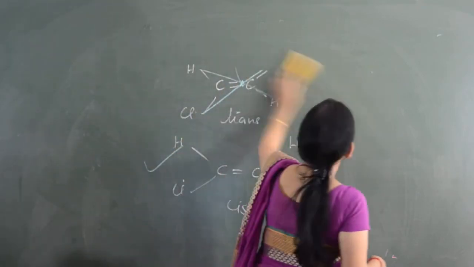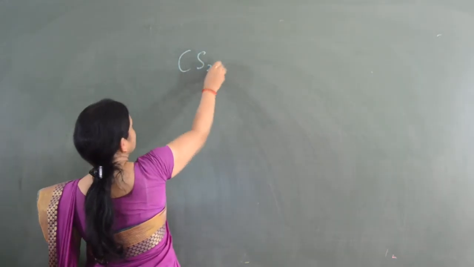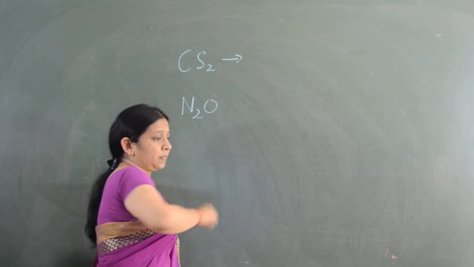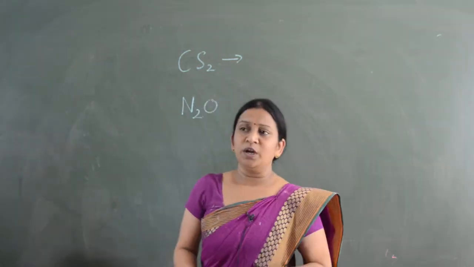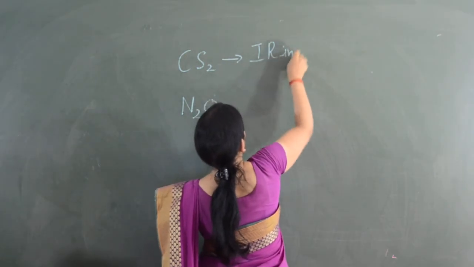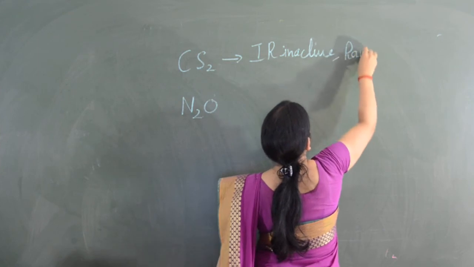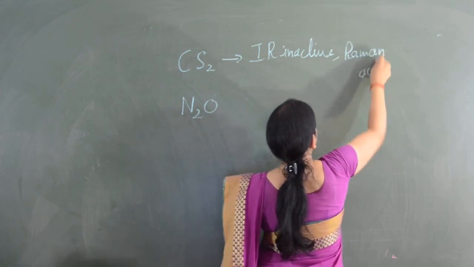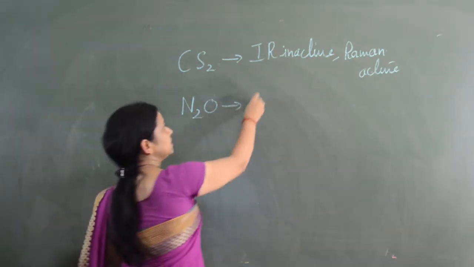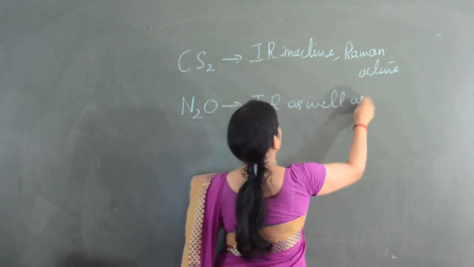Suppose I have this molecule CS2 and N2O, and I know that the first molecule is IR inactive and it is Raman active, whereas the second molecule is IR as well as Raman active.